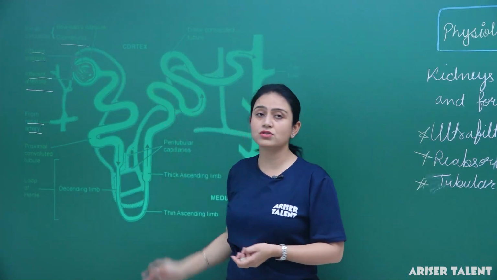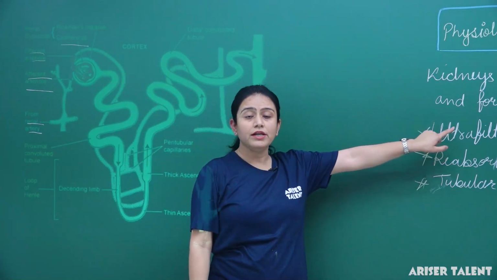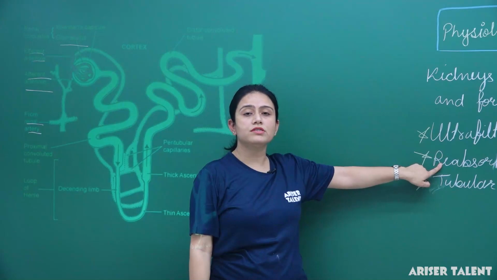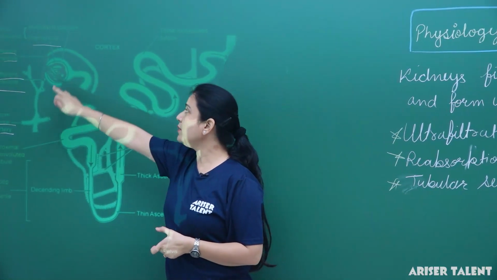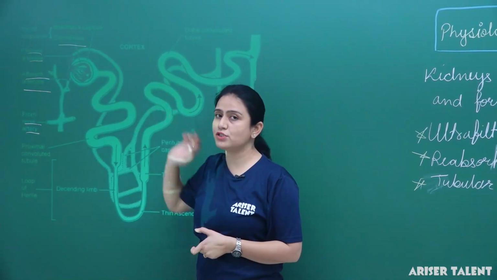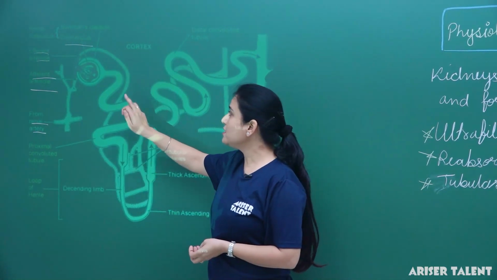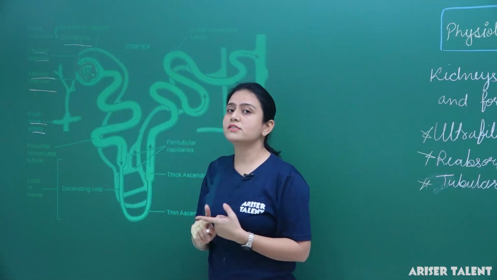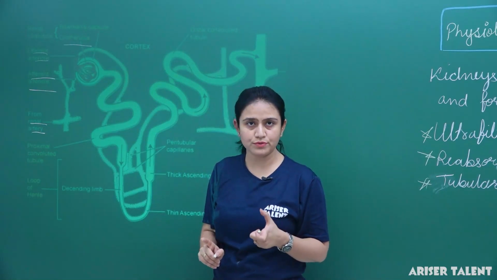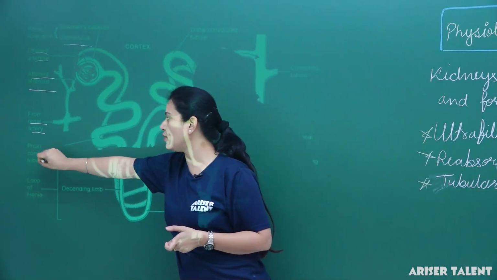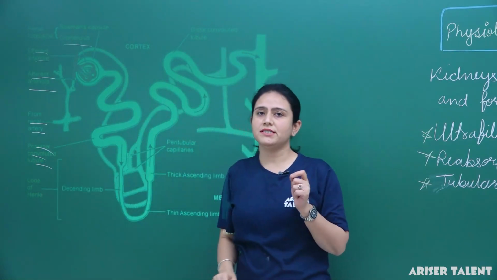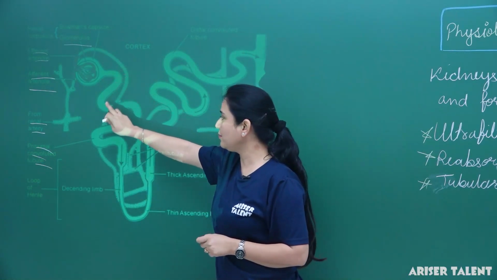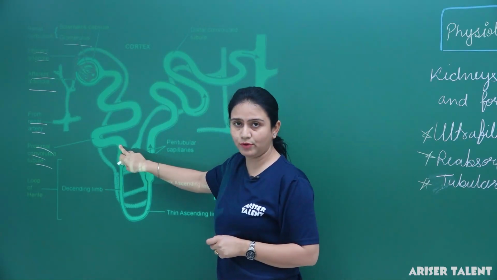So this is the process of ultrafiltration. Now, as I told you, another process is reabsorption. When the blood goes into the renal tubule, the process of reabsorption takes place here in the proximal convoluted tubule, that is PCT.